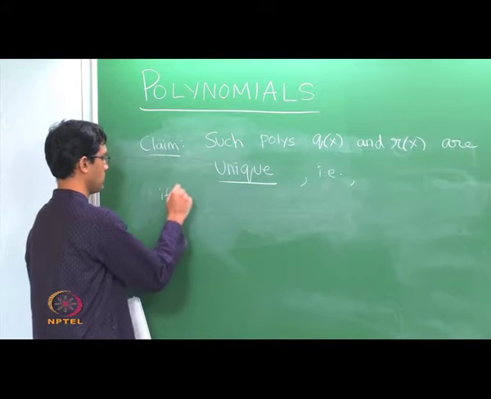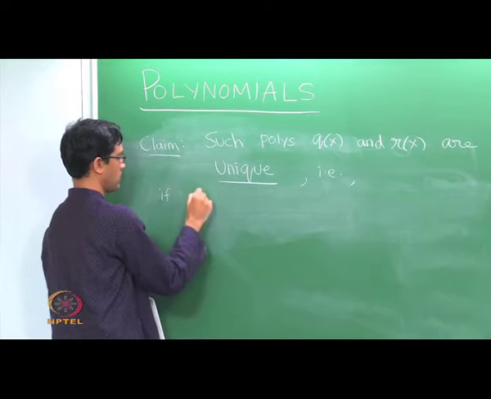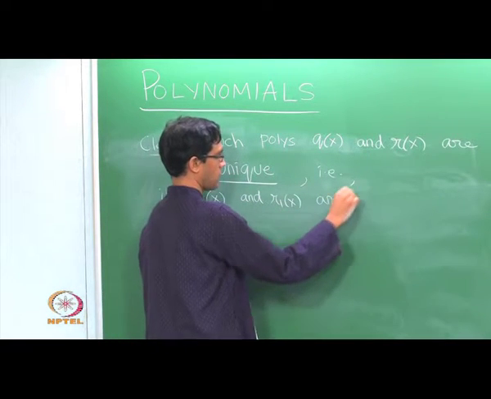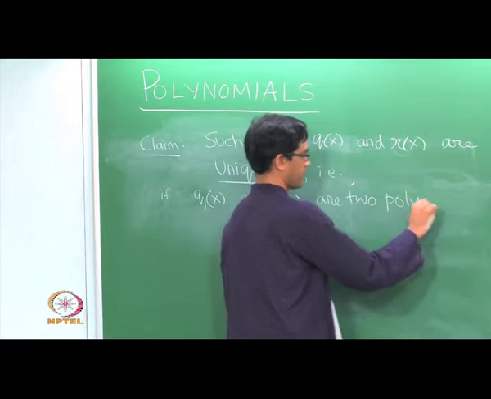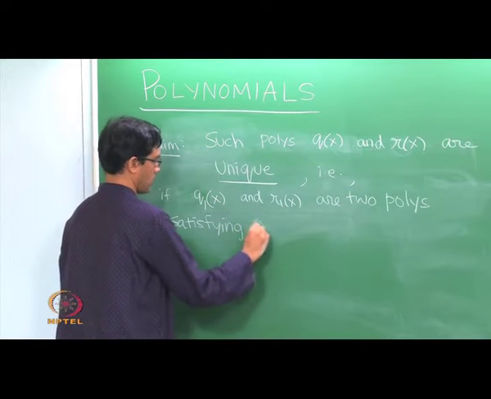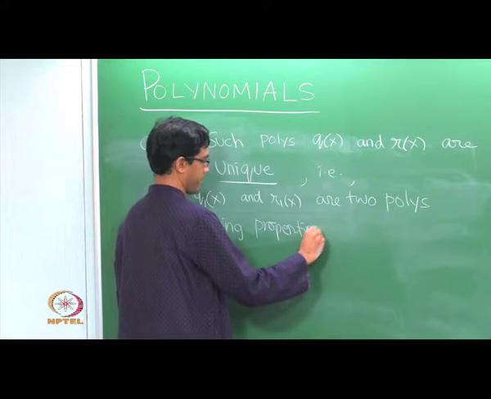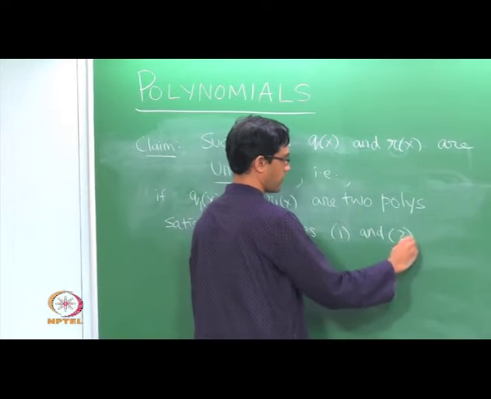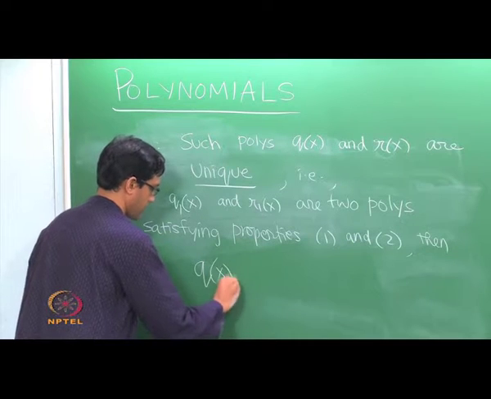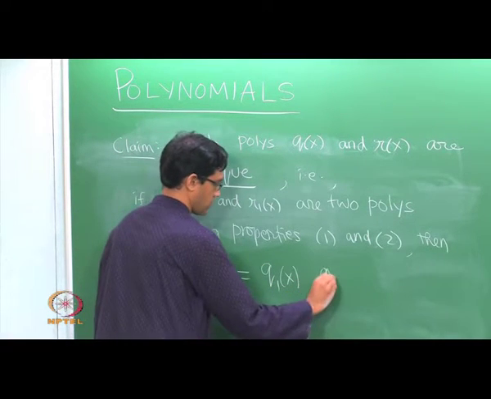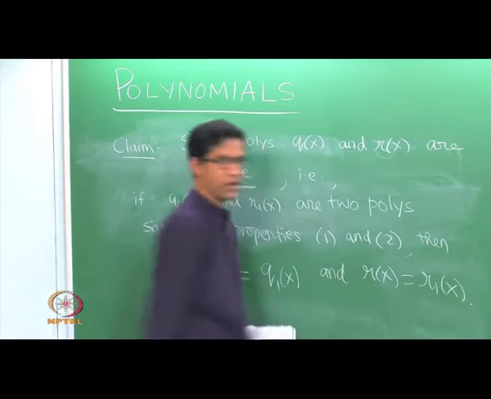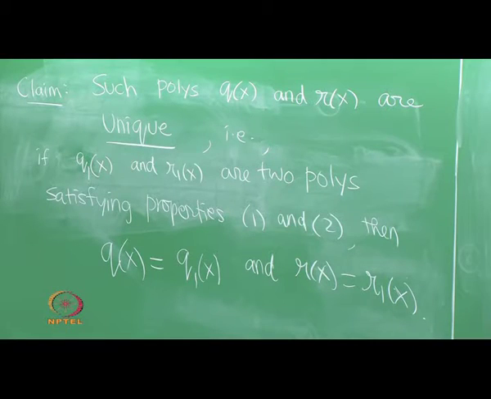That is, if there exist, let us call them some other names, q1(x) and r1(x), two polynomials satisfying the same two properties, properties 1 and 2, then q is the same as q1 and r is the same as r1. Okay, so let us try and prove this.